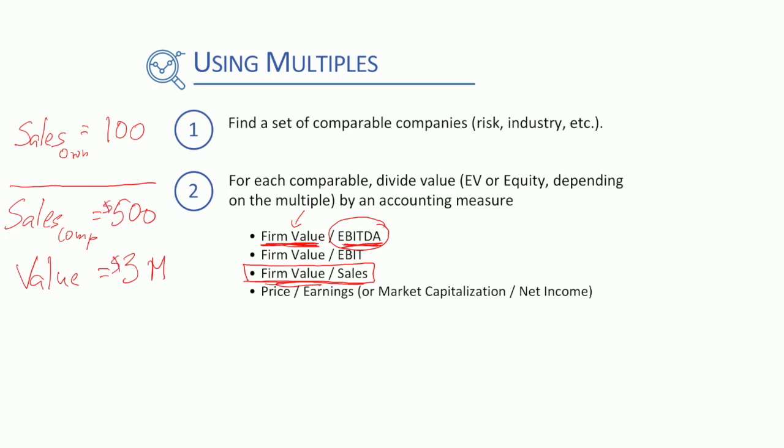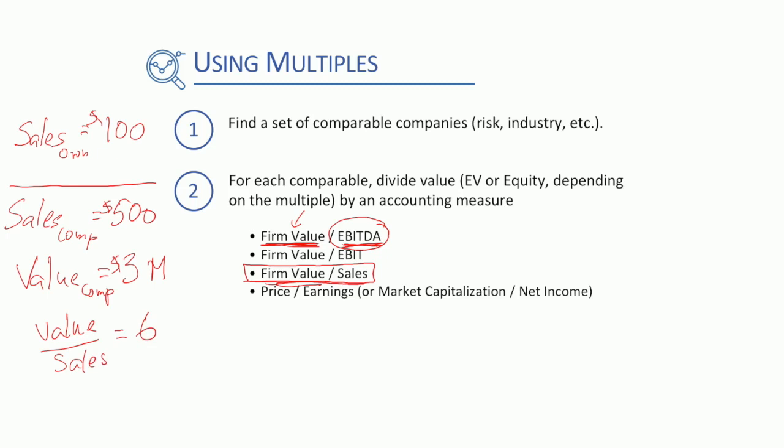The above is in thousands, and I know that the value for the comparable firm was $3 million. Well then, this ratio of firm value to sales is 6, right? So I know that the value to sales in this case is 6.